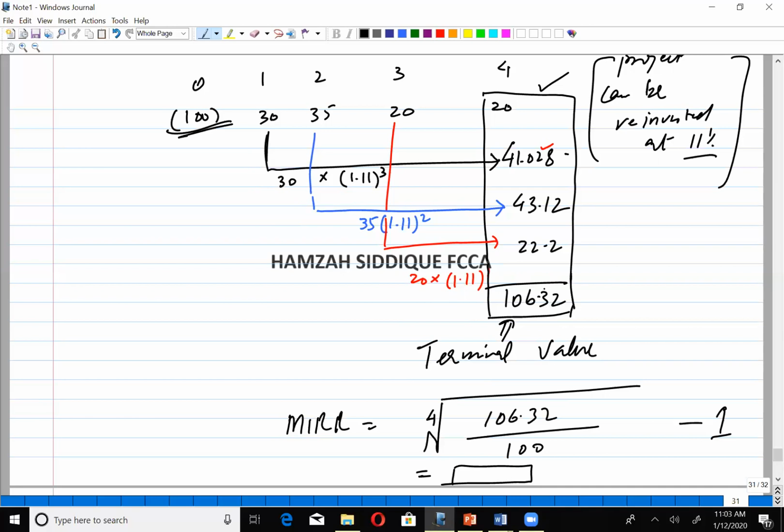Yes, it is 126.32. Now calculate the answer. No issue, sometimes it happens. Other people should also do the calculation to be alert.